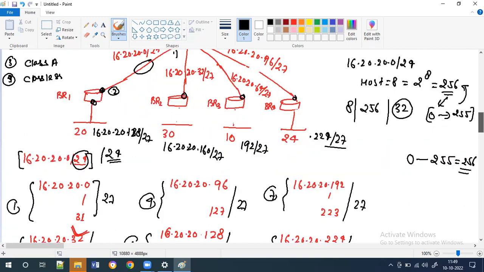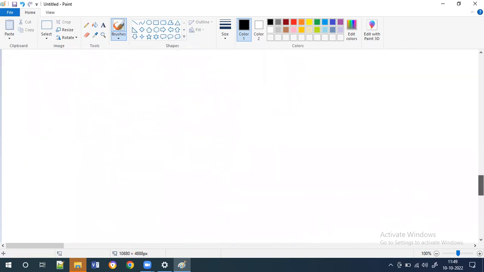Branch 2. Here I need 30 hosts. In that I have user devices, a printer, a server, a fingerprint scanner, and other devices as well. When we do the subnetting from the host point of view, we always add +2 to that.